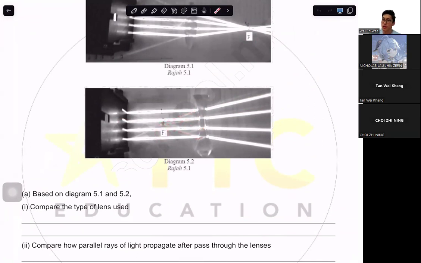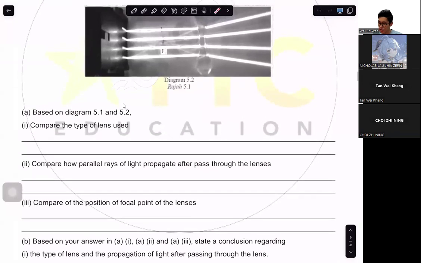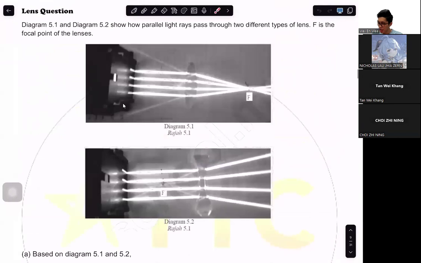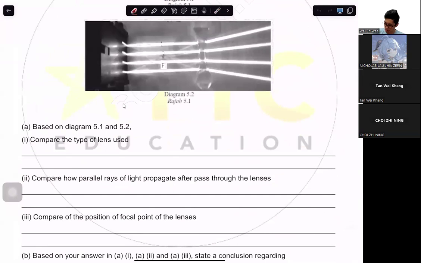So what are the different kinds of lenses that they use? Compare the type of lens used. This one is a converging type lens, where all the lights go together. We call that a convex lens. So you can write: diagram 5.1 is a convex lens.